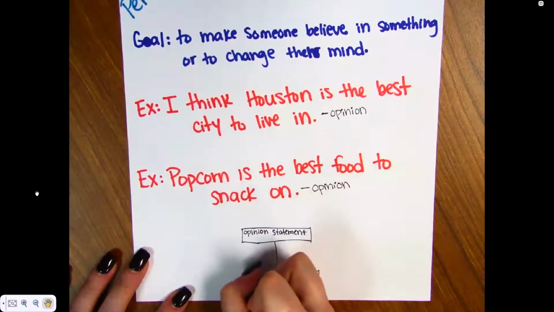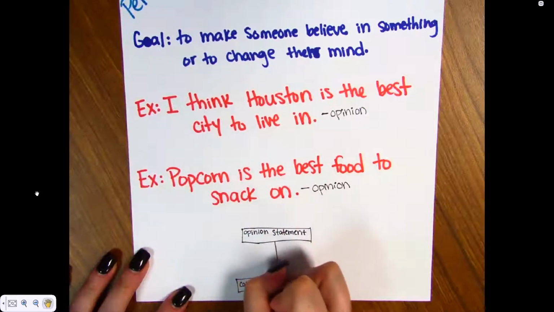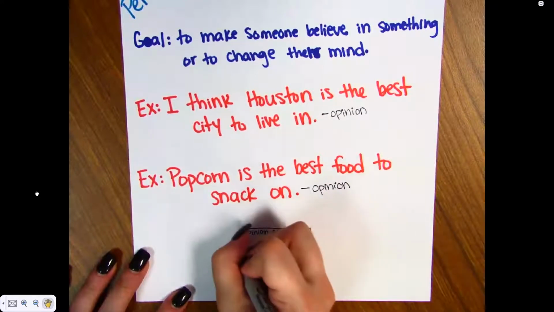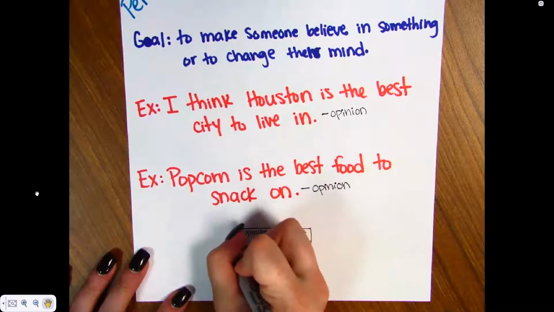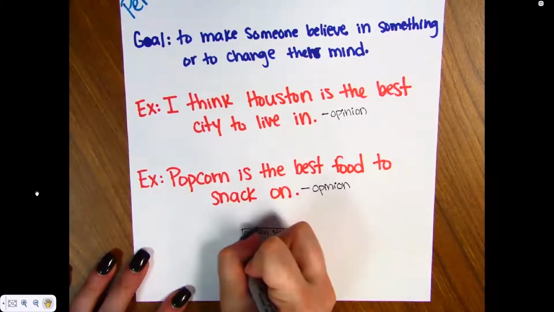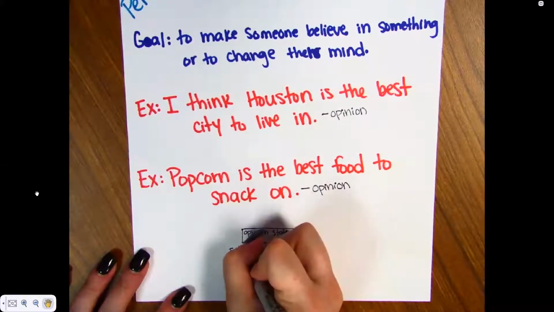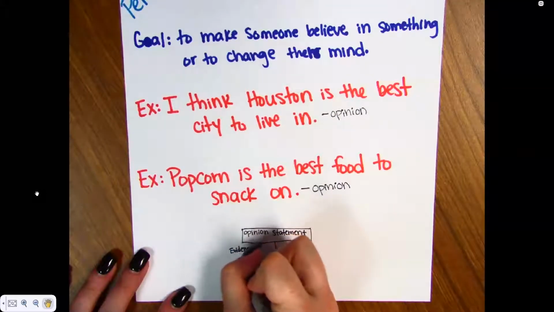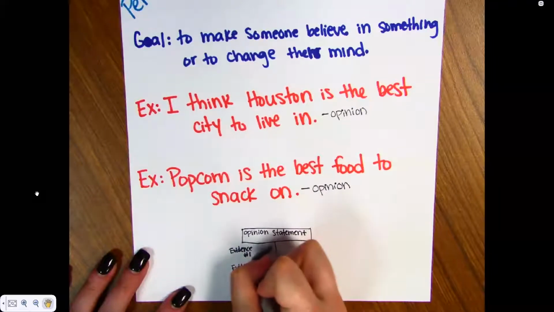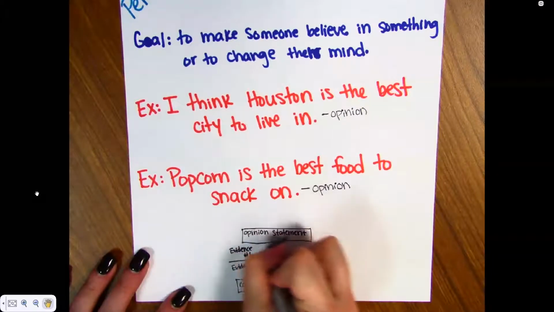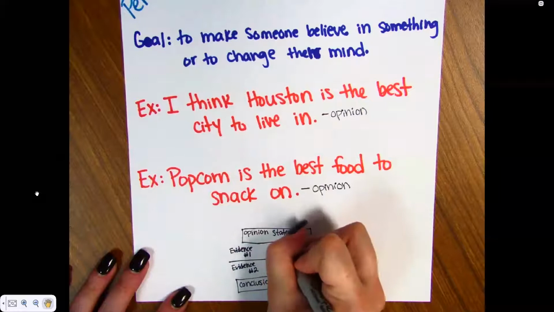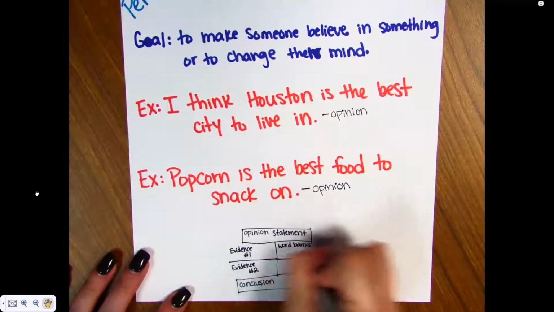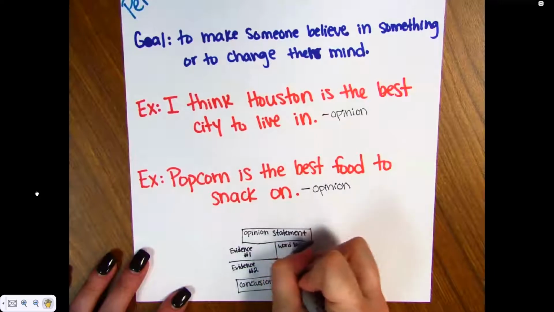We'll have our conclusion at the bottom. And then we're going to have our evidence number 1, and we'll have our evidence number 2, and then we'll have our word banks on the side. Okay, so it's going to look the same.